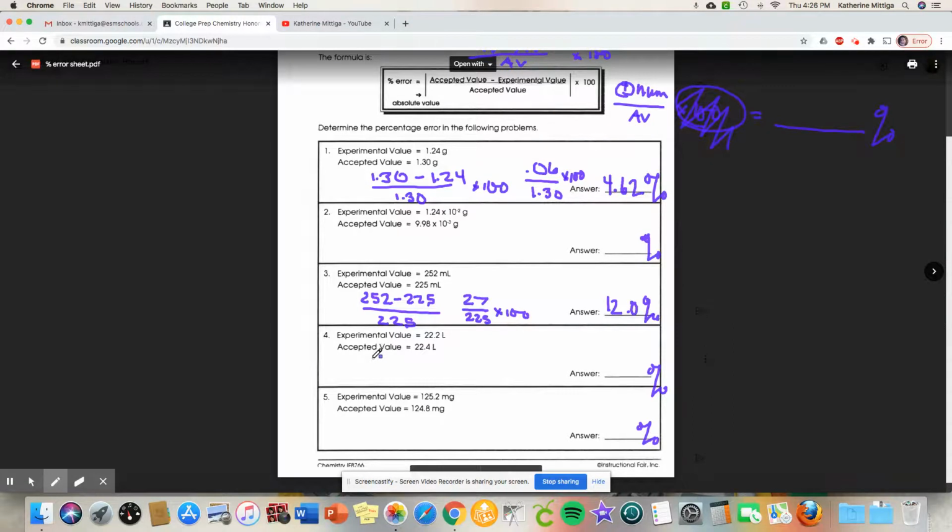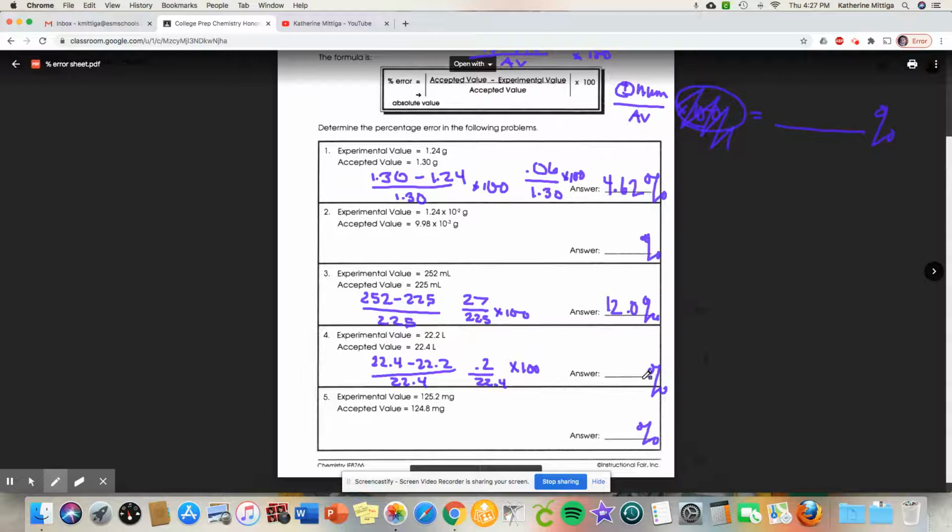Okay, in this case, accepted is larger than experimental, but I will divide it by the accepted. So the difference there is 0.2 divided by 22.4 times 100. That's important. This is not your final answer. This multiplied by 100.